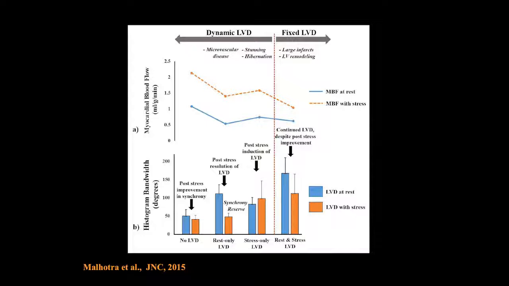And in a proportion of patients, there could be dysynchrony only at stress; resting perfusion is normal and resting synchrony is normal. However, there's only stress-induced dysynchrony, and that relates to proportionally less improvement in myocardial blood flow as opposed to the other patients.